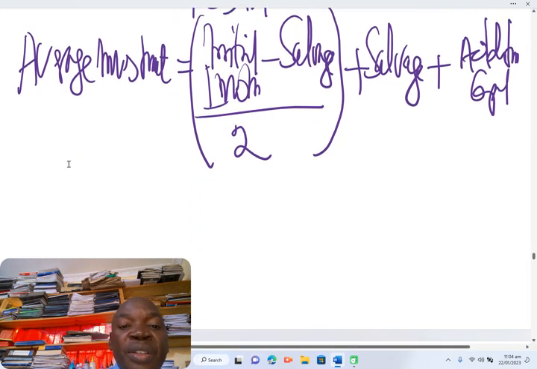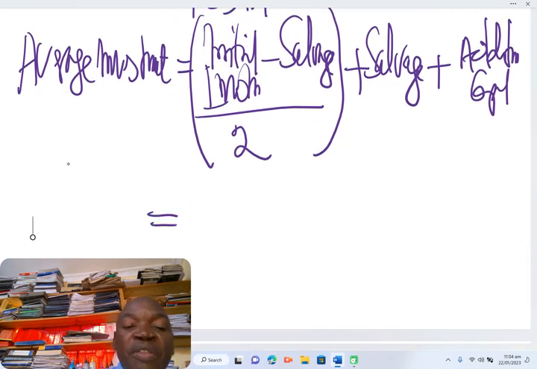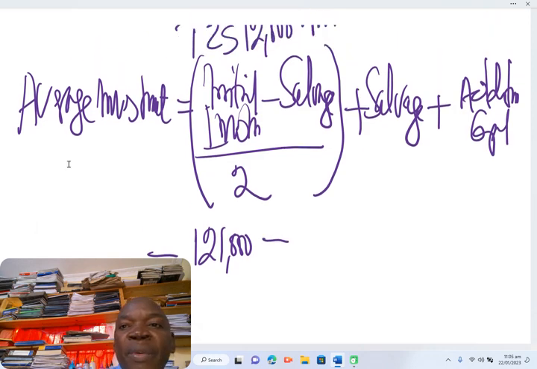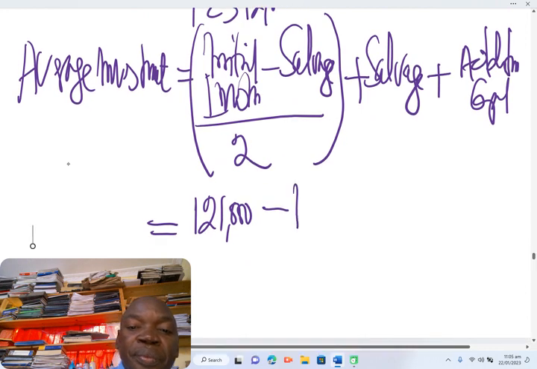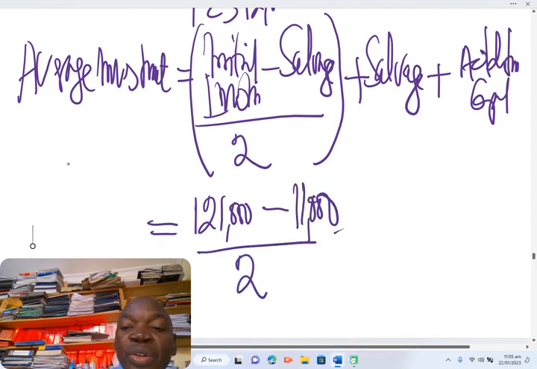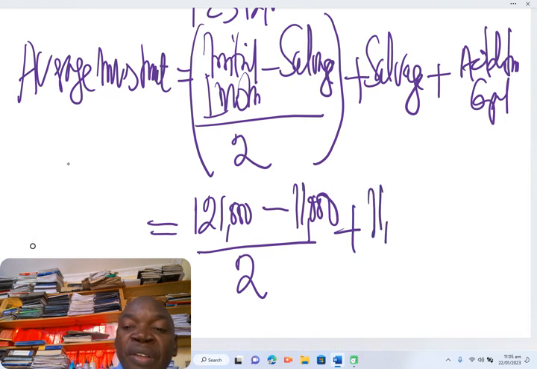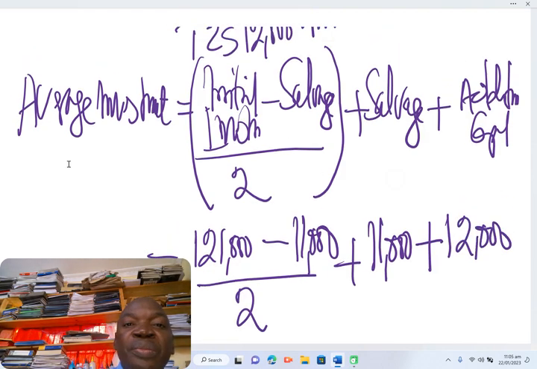So in our computation, initial investment is 121 minus the salvage of 11, divided by 2, plus the salvage 11, plus additional capital, which is 12.